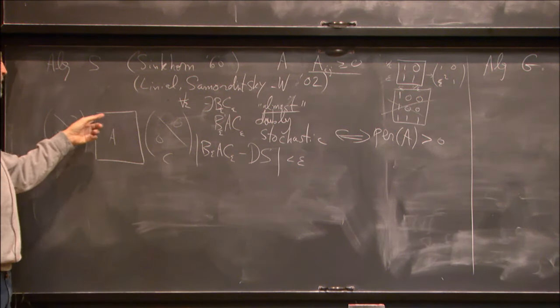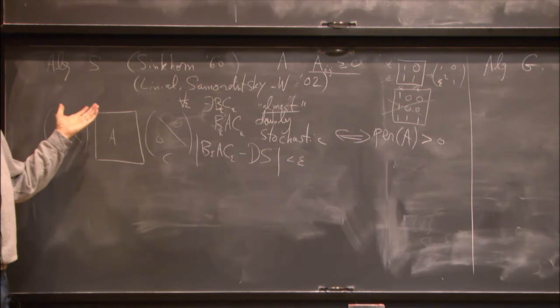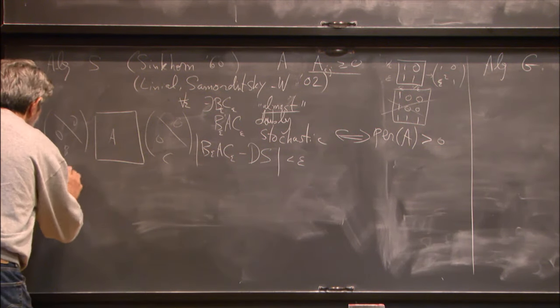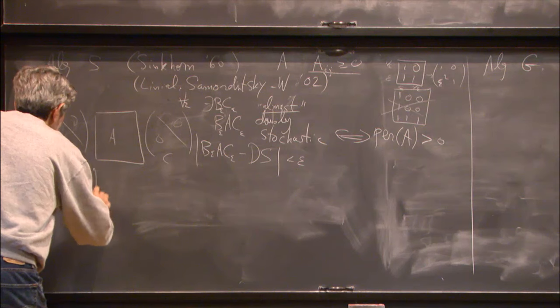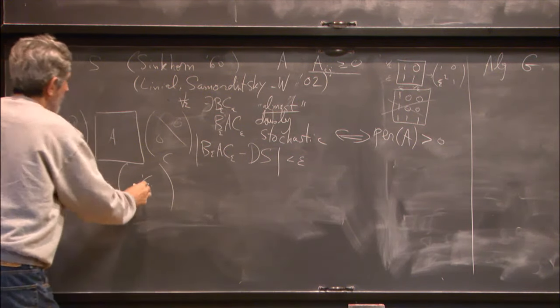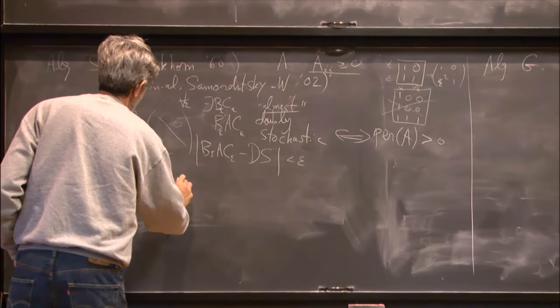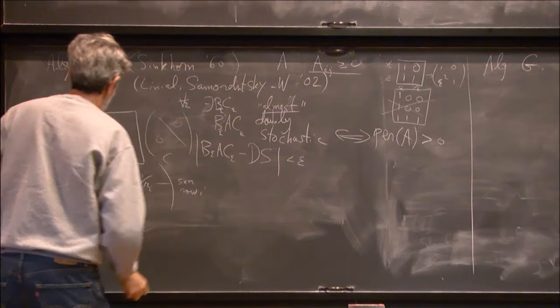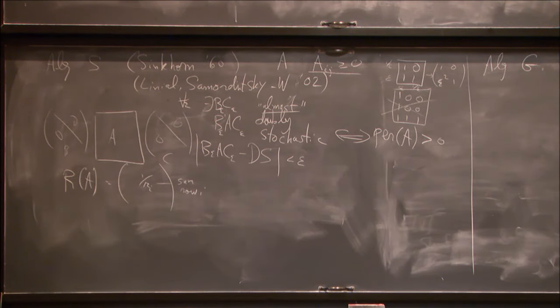You will look at every row sum and divide by it, right? So let me denote R of A, the diagonal matrix, which is 1 over R_i, where R_i is this row sum.